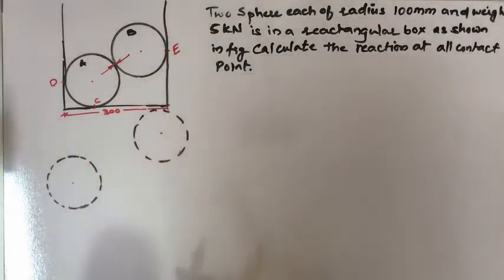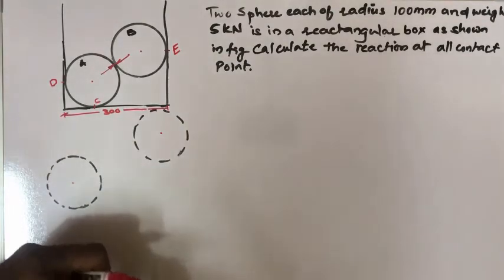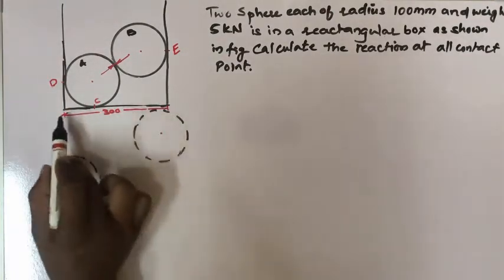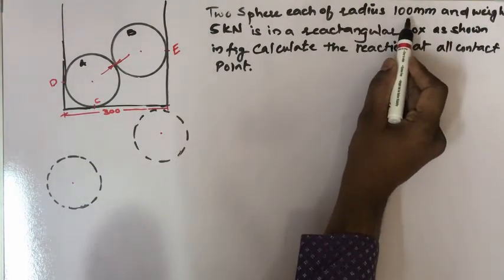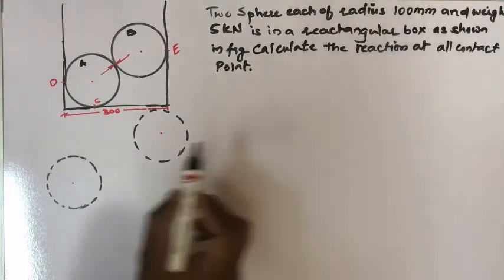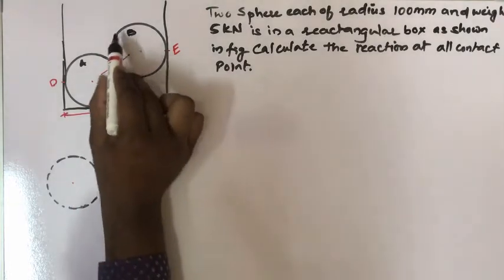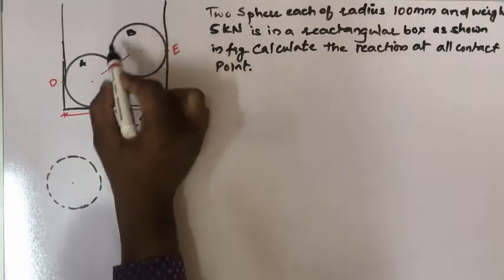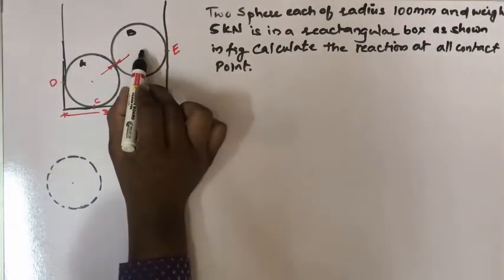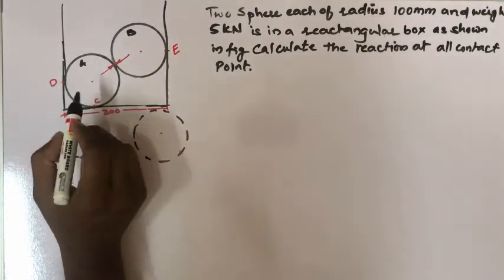For the calculation of the angle, they have given the rectangular box size of 300 mm and the radius of the sphere is 100 mm. So if this is 100, the radius is 100, so complete it will be 200. From here to here is 100, from here to here is 100.